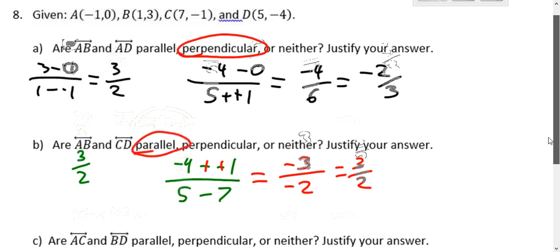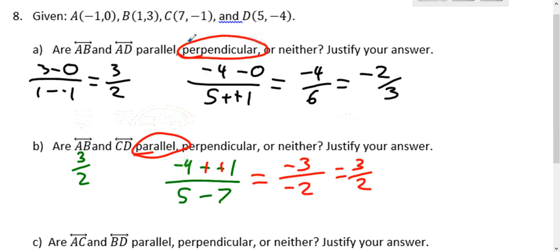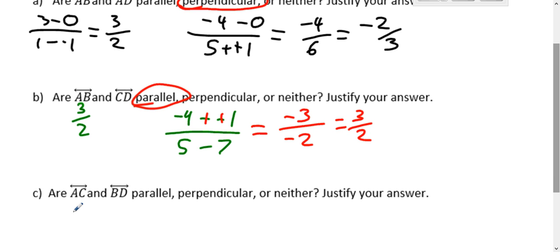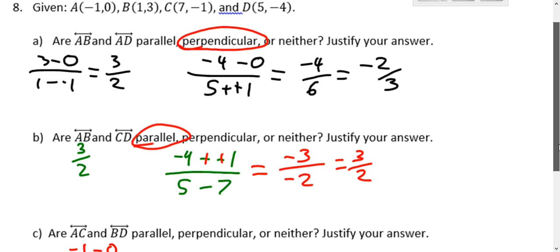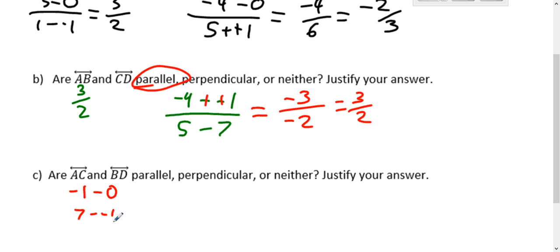Now AC and BD. So for AC, we're going to do negative 1 minus 0 and 7 minus negative 1. So that's negative 1 over 8.